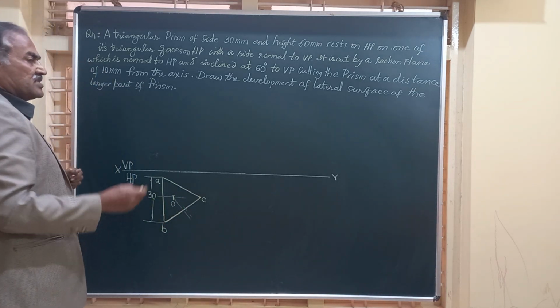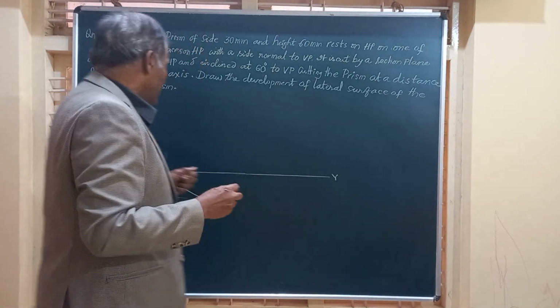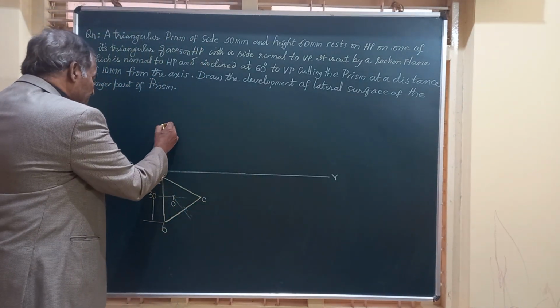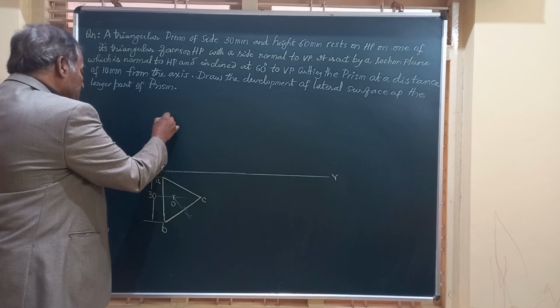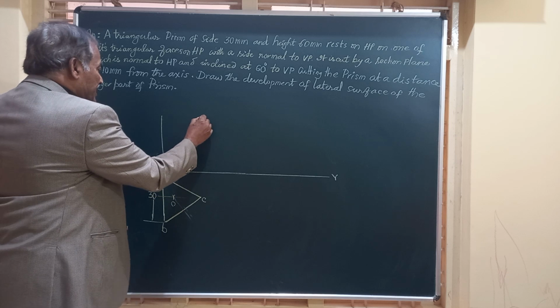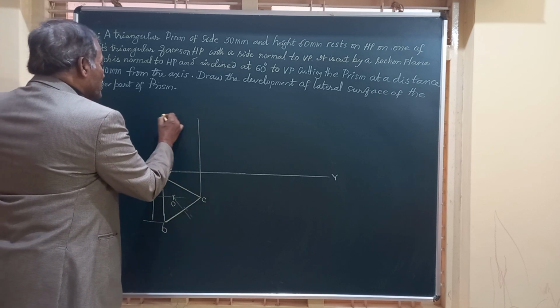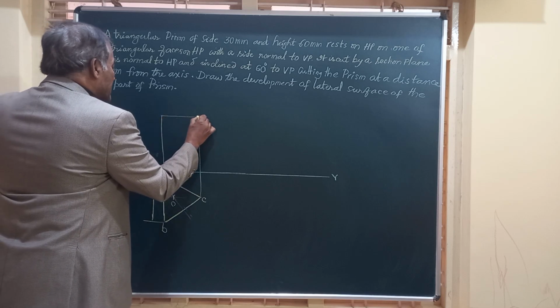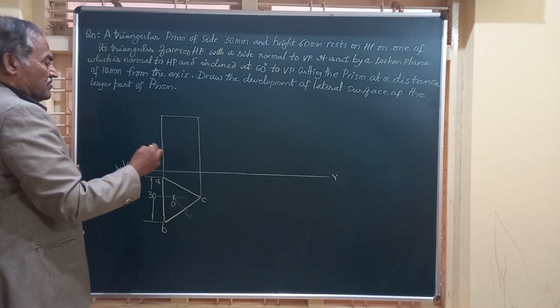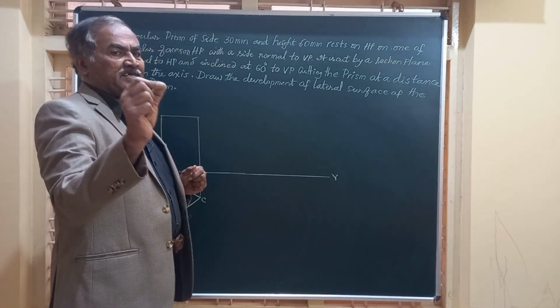Friends, in the front view, you know very well, it appears as a rectangle. So I will take the given height of the object and through these points I obtain the front view, which is a rectangle. To start with, when you are making the drawing, you will show all these lines very thin.